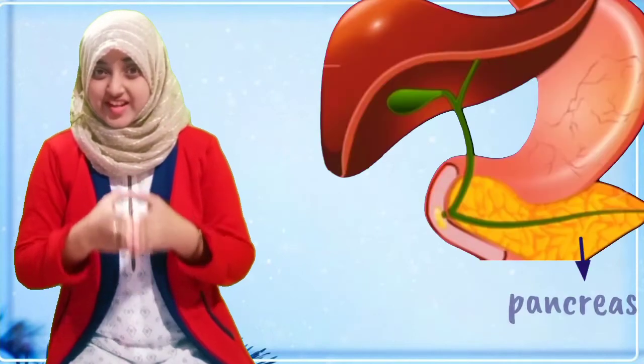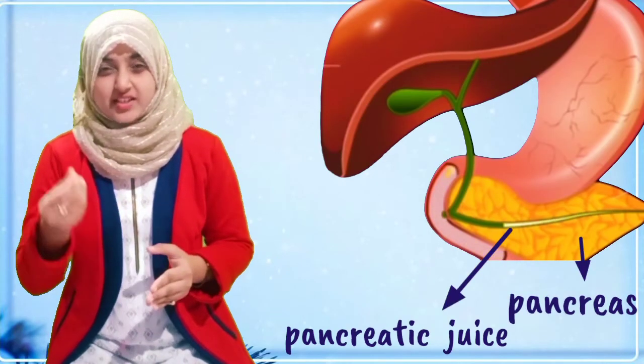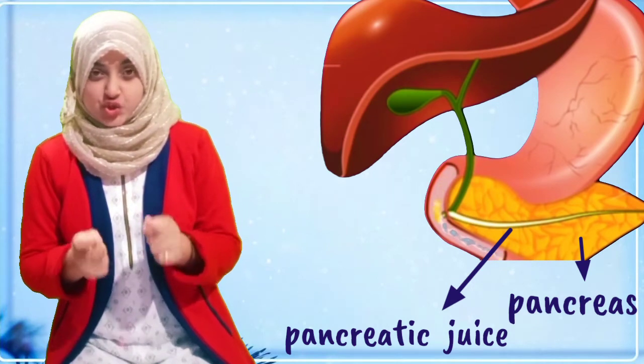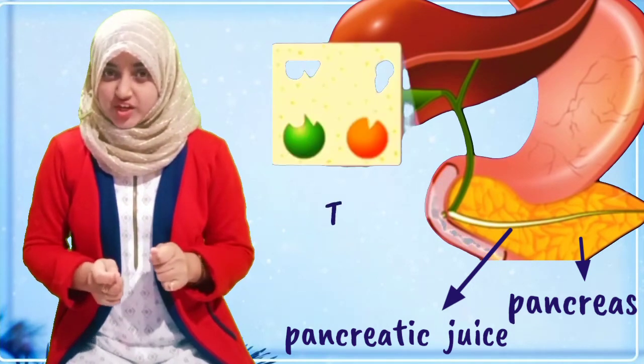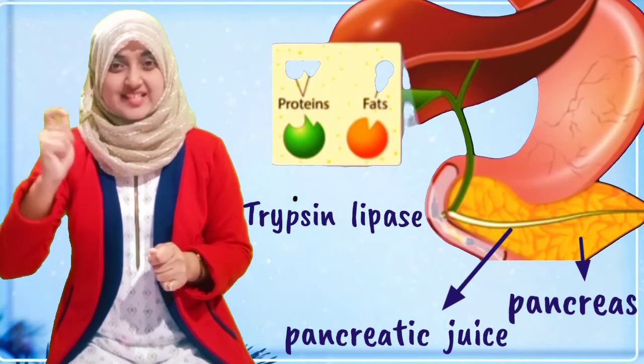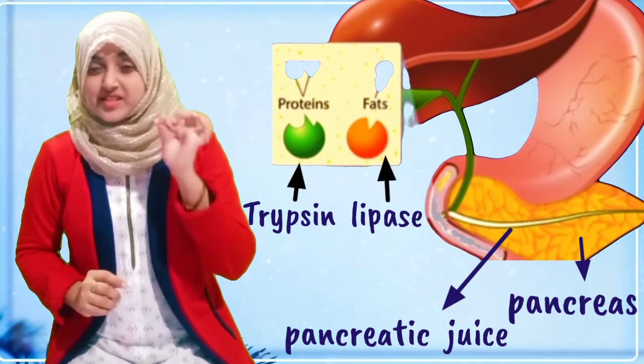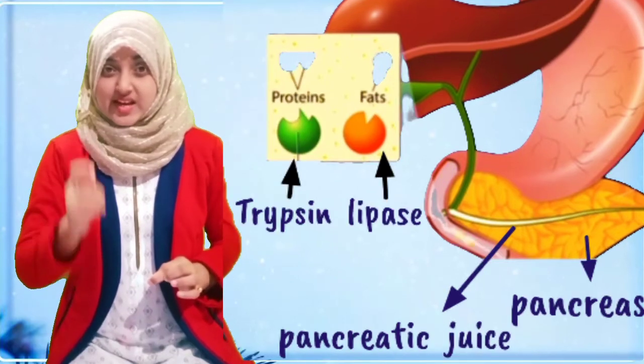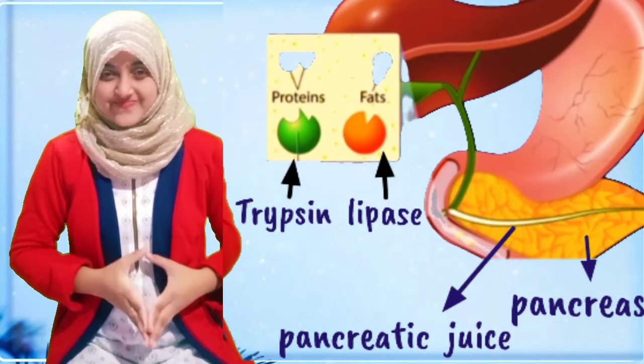The pancreas releases the pancreatic juice into the small intestine. This pancreatic juice has enzymes such as trypsin and lipase. The trypsin enzyme digests protein and the lipase enzyme digests fat.